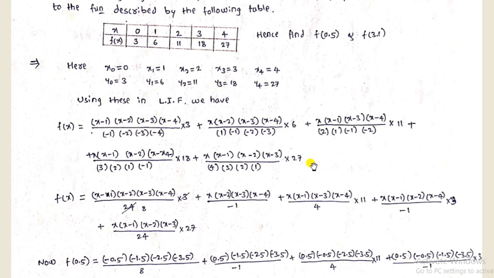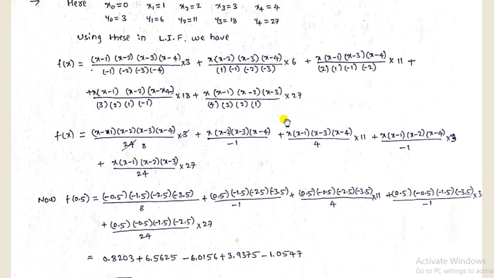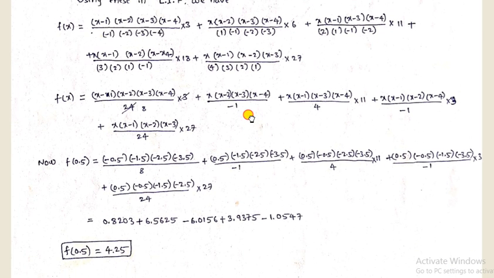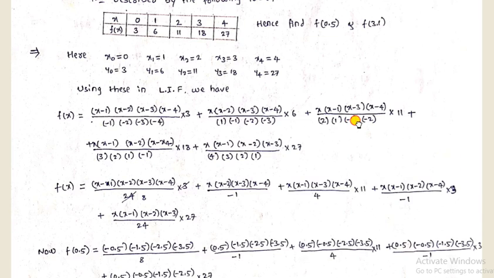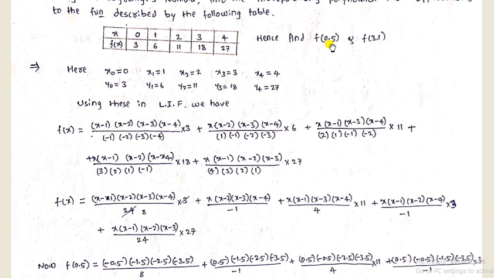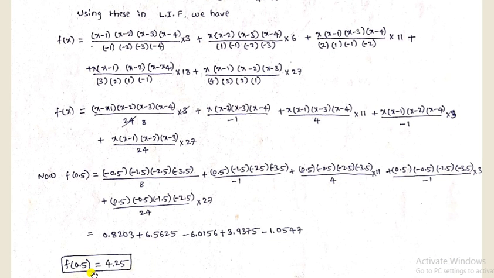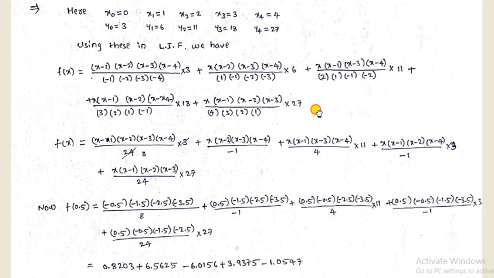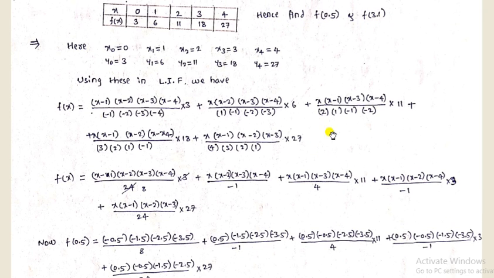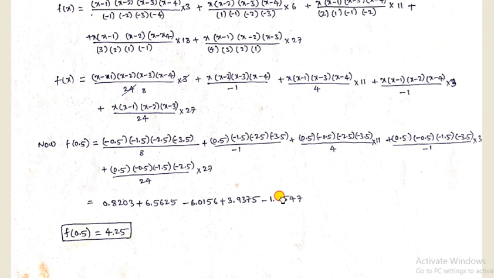So continue the same way up to y4. Then we substitute x as 0.5 and simplify, which gives the value of f of 0.5 as 4.25. Similarly substitute x equal to 3.1 in the same function and simplify, which gives the f of 3.1 value.